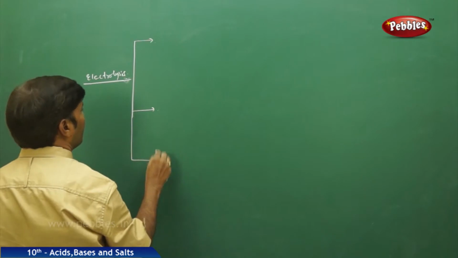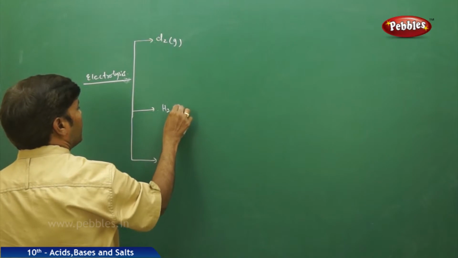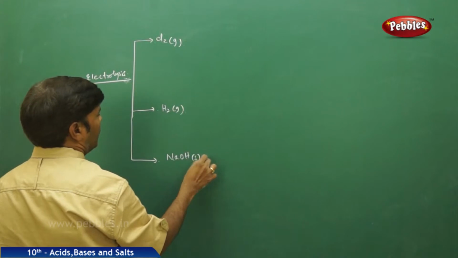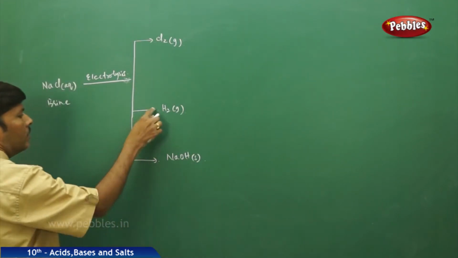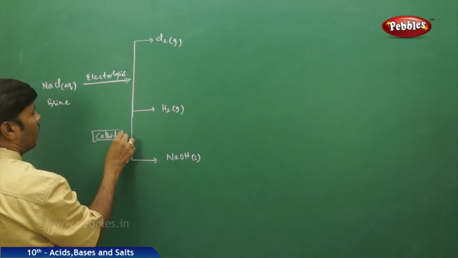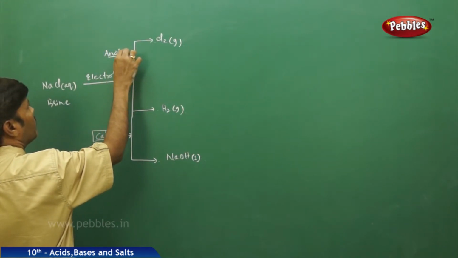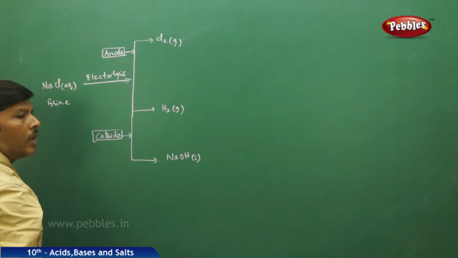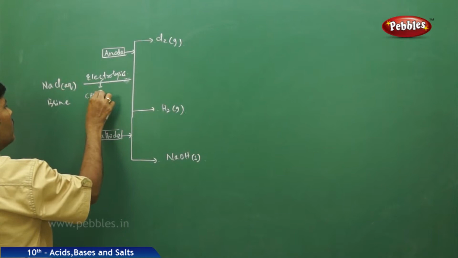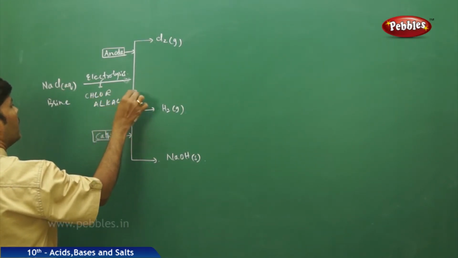Chlorine gas is obtained at the anode, and hydrogen gas and NaOH solid are obtained at the cathode. So this electrolysis method is also called the chlor-alkali method.